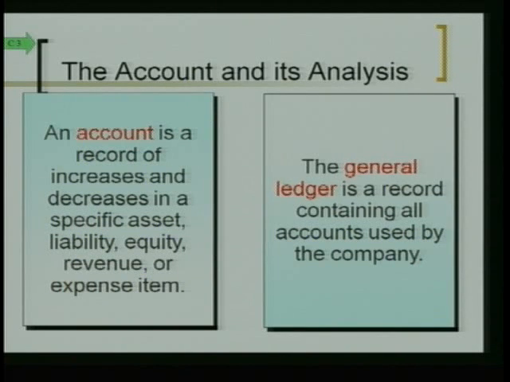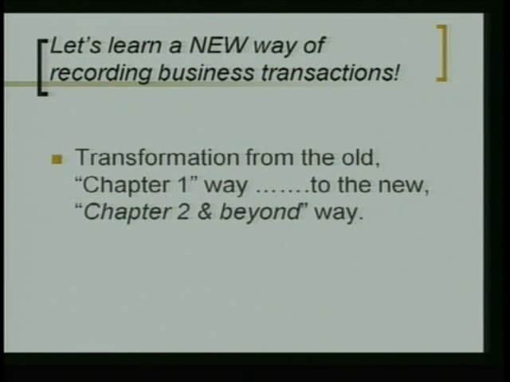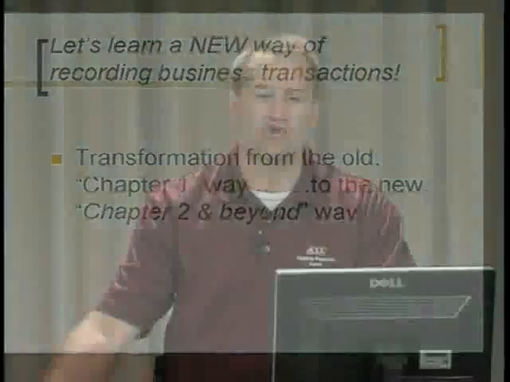All right? Now, we are going to learn a new way of recording business transactions. We're going to do a transformation from the Chapter 1 way to the new Chapter 2 and beyond way. In a way, Chapter 1 is kind of like the training wheels on a bicycle. Did anybody learn how to ride a bicycle using training wheels?